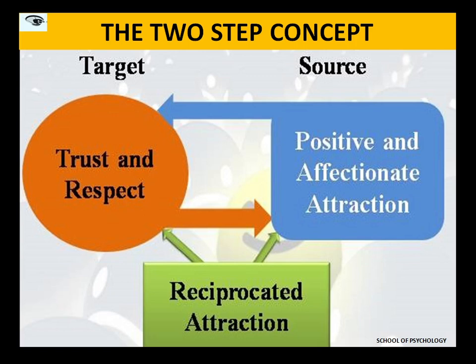One is the target and the second is the source. Target is that person whose attitude needs to be changed, and source is the role model who's inspiring, who's motivating, and probably setting an example through his own behavior so that the target can bring about a change in the attitude.